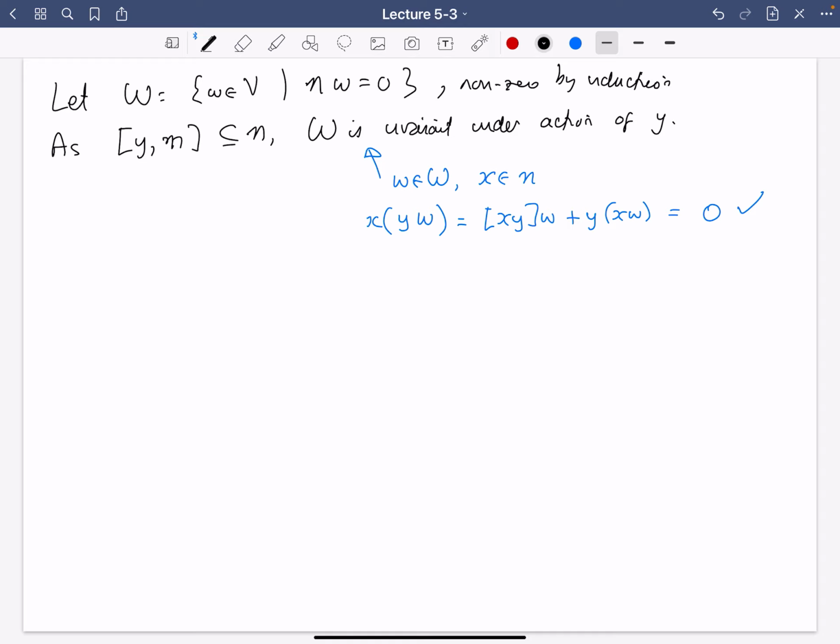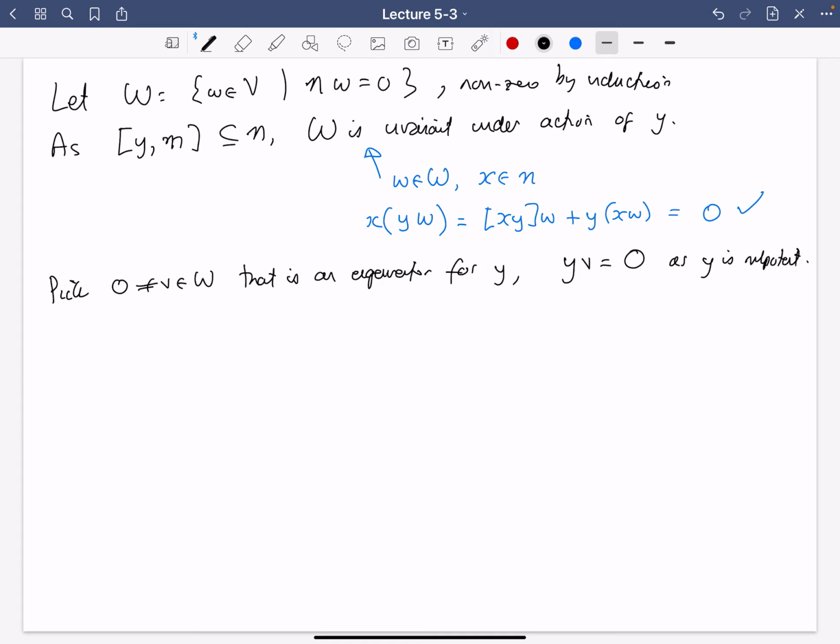So now I've got this non-zero vector space W on which y acts, and it just remains to pick a non-zero v in W that is an eigenvector for y. Then, as before, we have actually that yv equals 0, as y is nilpotent.